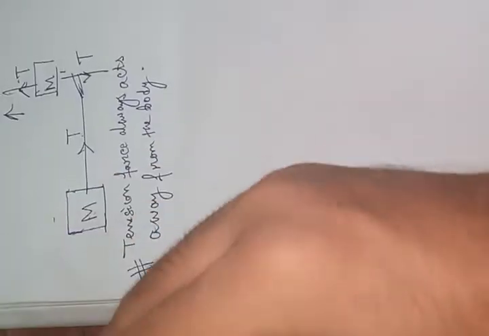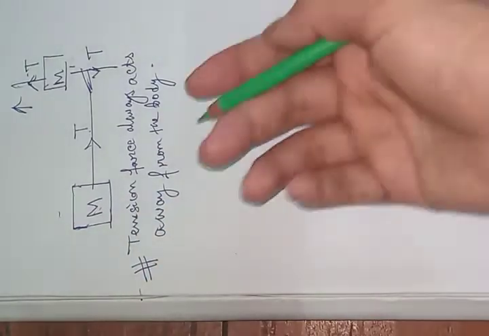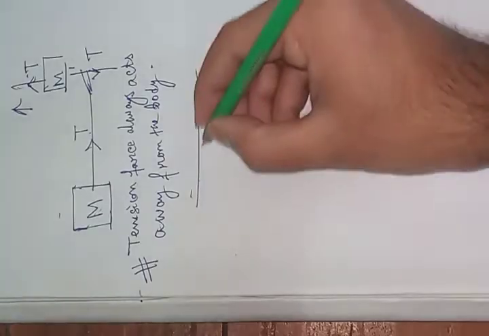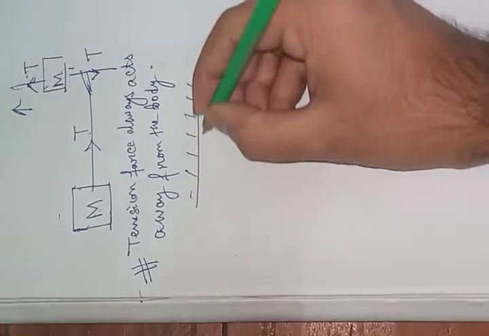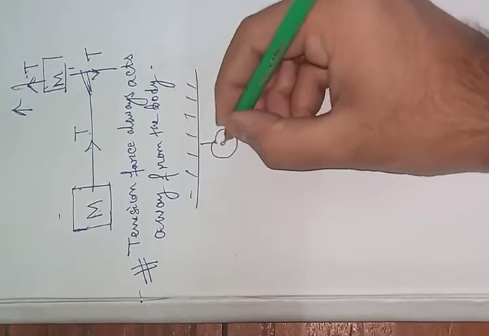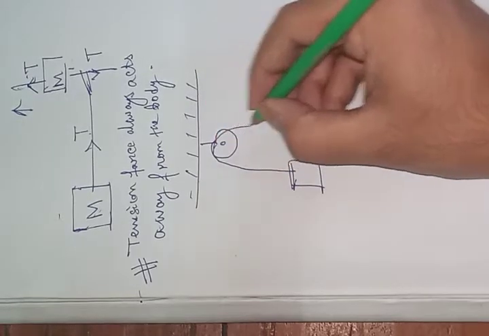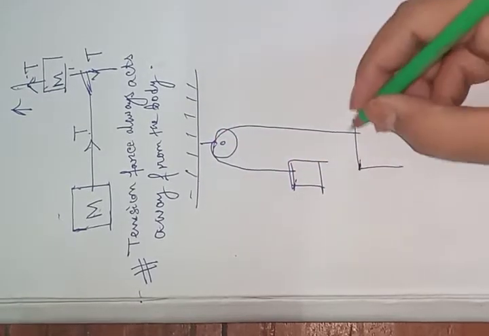Now in this video, we have to deal with this kind of system, a pulley system. There is a block of mass m here and another block of mass m here.